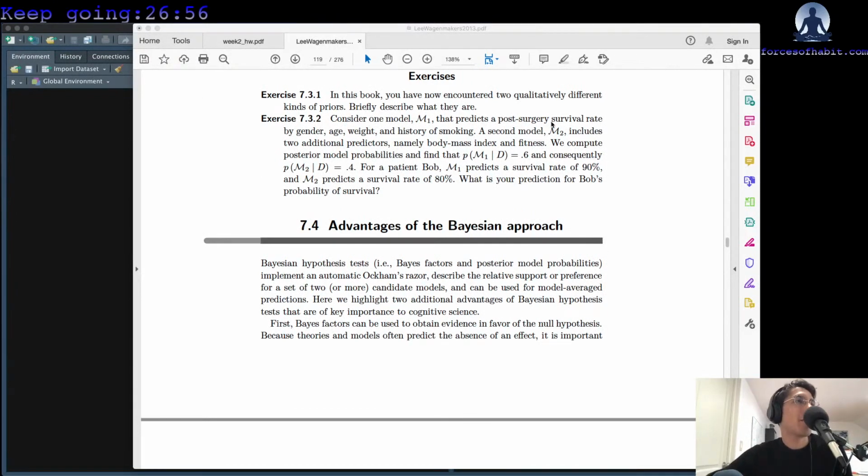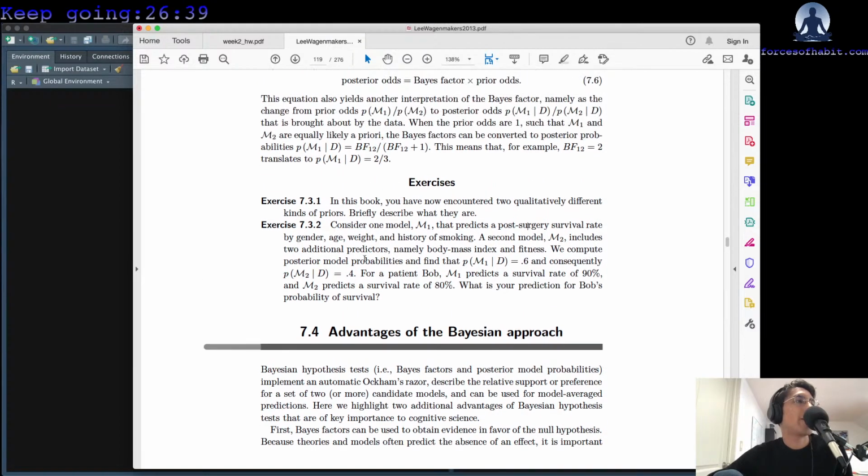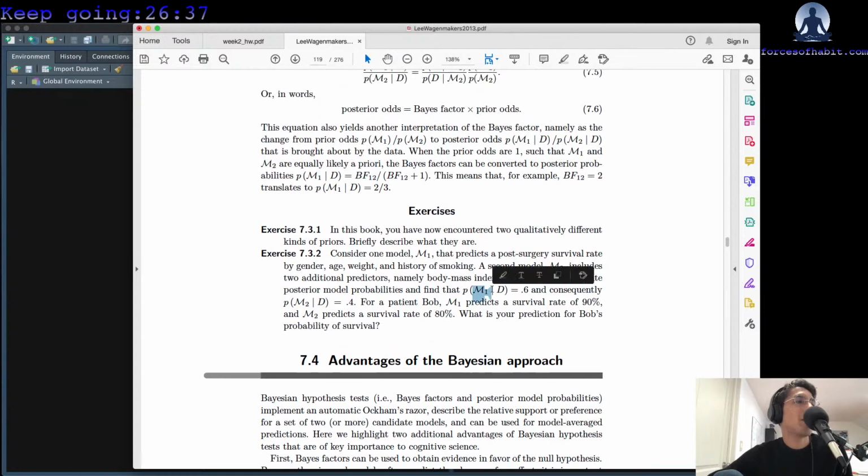Consider one model that predicts post-surgery survival rate using 4 parameters. The second model has 2 additional predictors, BMI and fitness. Then we have these posterior model probabilities, where model 1, the more parsimonious model, has this, and model 2 has this. For a patient, model 1 predicts a 90% survival rate, and model 2 predicts an 80% survival rate.